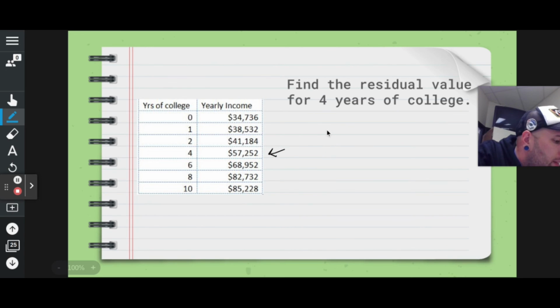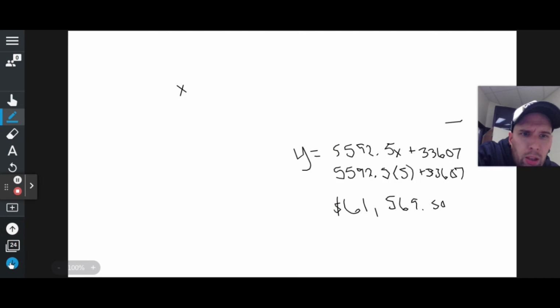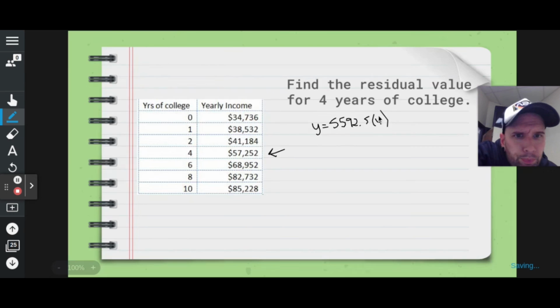So I'll write it out again: y equals 5592.5 times 4 plus 33,607.